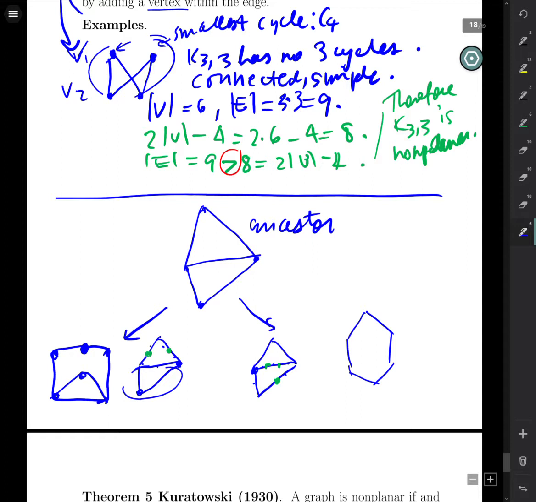And inside of that hexagon, there is a 5-cycle. So I'm going to have something of this nature here.